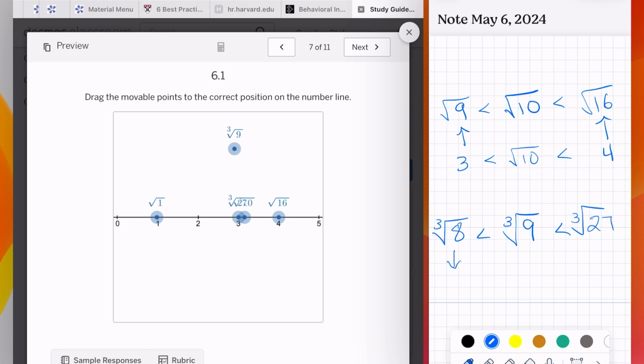So the cube root of 8 is 2, and the cube root of 27 is 3. So the cube root of 9 is going to be in between 2 and 3, and it's going to be really close to 2, slightly bigger than 2. So it's like slightly to the right of 2.